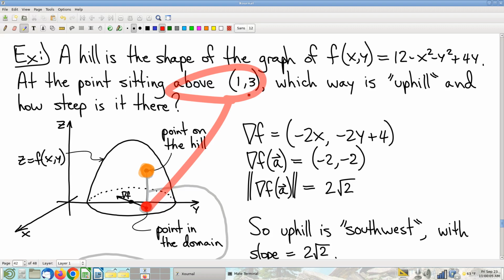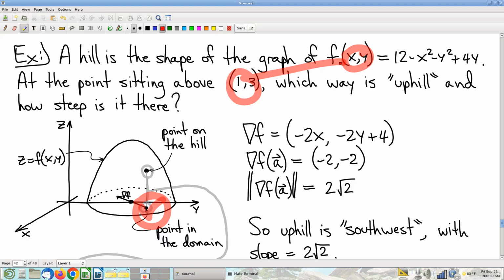All right, so be aware, and I'm kind of getting ahead of the game a little bit here, but be aware that very often we'll conflate the point on the graph with the point in the domain that corresponds to that point on the graph. Because very often this is what's actually happening, but very often this is the one that's easier to talk about. Because that's the inputs to the actual function. So 1 and 3 is what actually goes into the function there. Does that make sense to everybody? I hope it's okay.